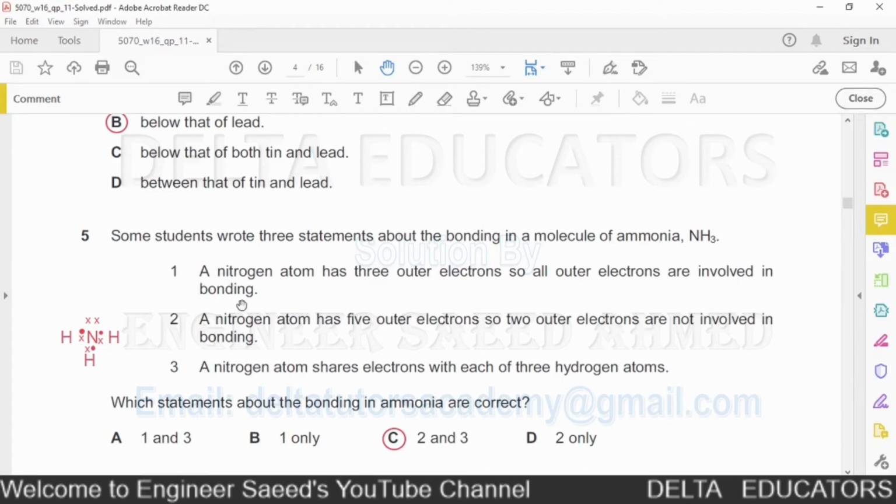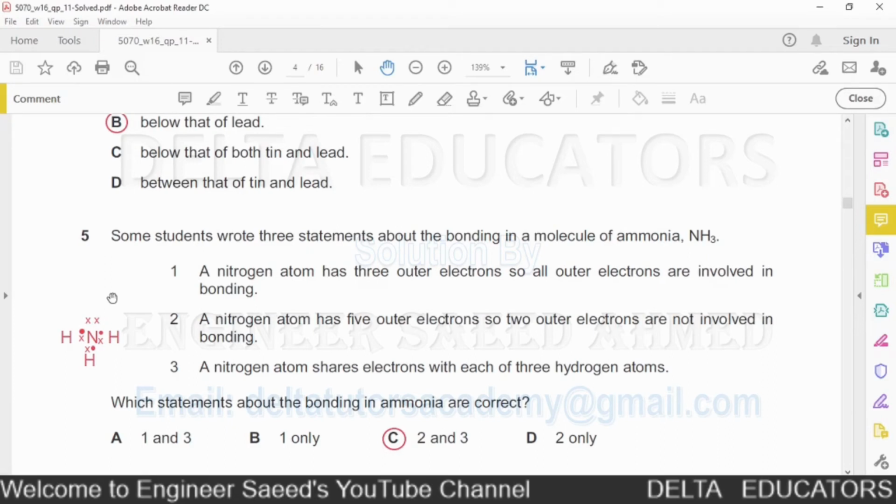Number 2, a nitrogen atom has 5 outer electrons, so 2 outer electrons are not involved in bonding. Yes, it is correct. In the nitrogen atom, in the last orbital we have 5 electrons. Here, by cross, 5 electrons are shown. These 5 electrons that are represented by cross are electrons of nitrogen.